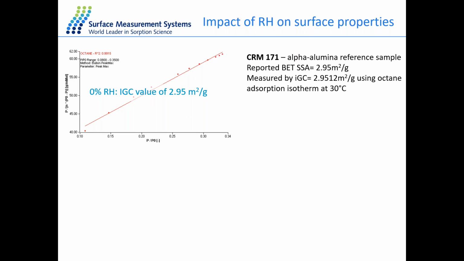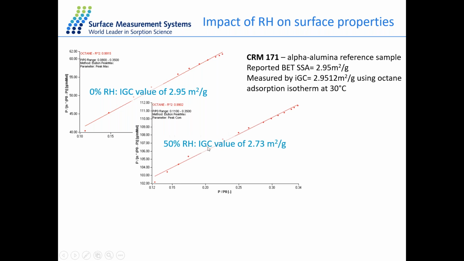Apart from the accuracy and reproducibility, another advantage of the IGC technique is that the system is equipped with a background humidity controller, which allows us to add humidity during the measurement, so we can study the effect of humidity on the surface properties. For example, with the CRM171 sample, at dry condition, the surface area of this sample is about 2.95 square meter per gram.